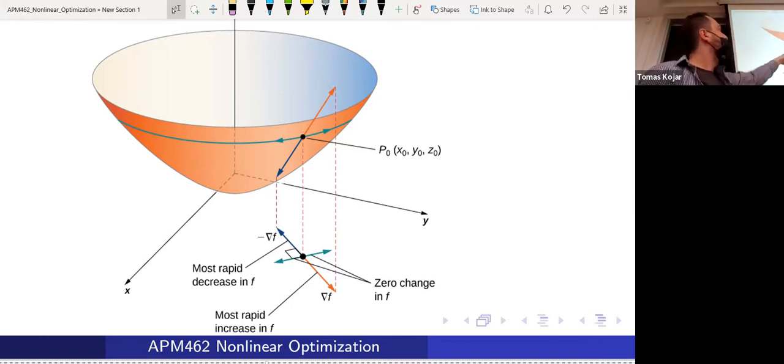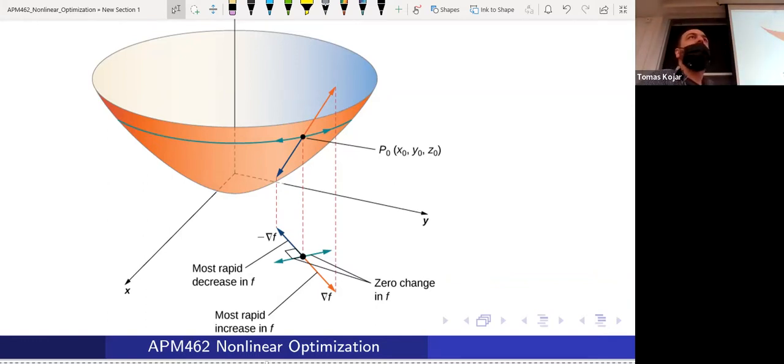And minus the gradient of f points towards the minimizer. So minus the gradient of f is very interesting because it takes you to the minimizer, which is the origin. So this is the heart of gradient descent. You're following the direction of minus the gradient, which you can compute at every point. You compute it. It was 1, 2, so you put a minus. So you have -1, -2. It takes you to the origin.